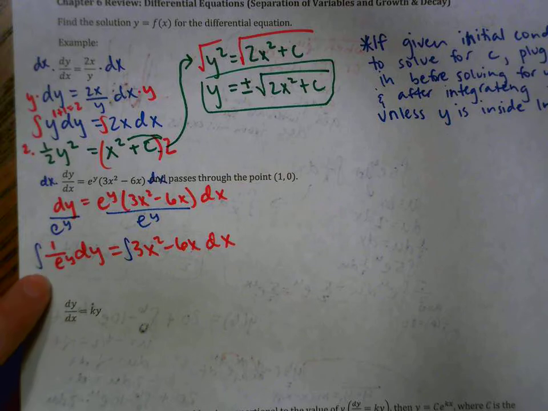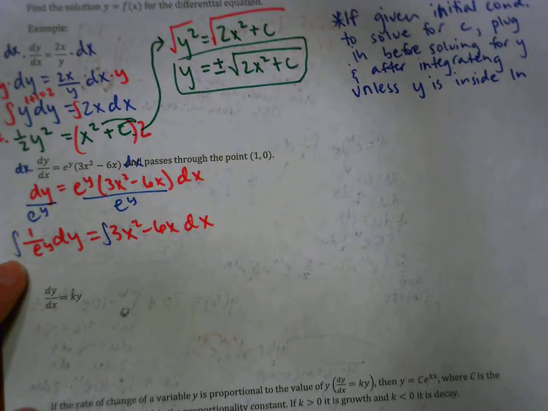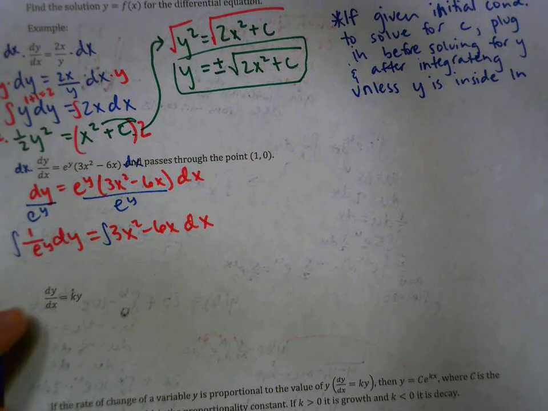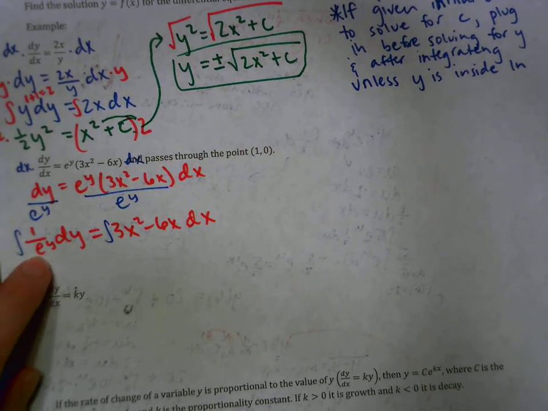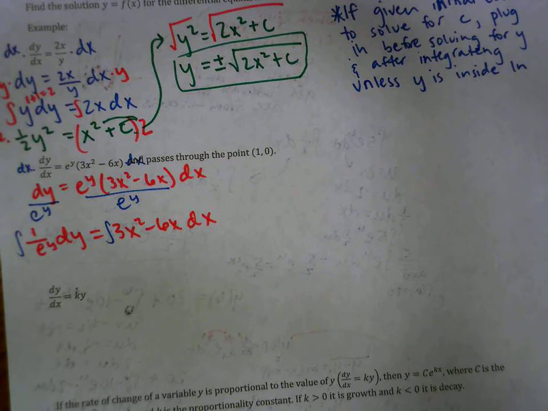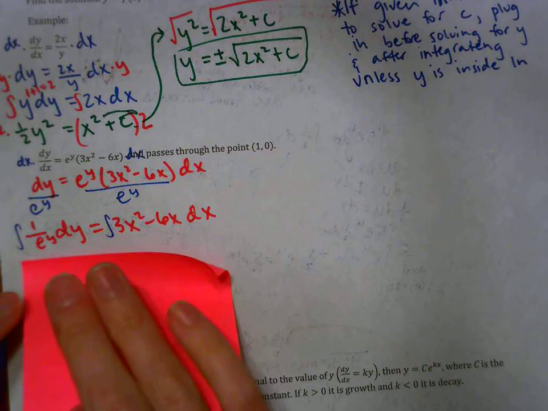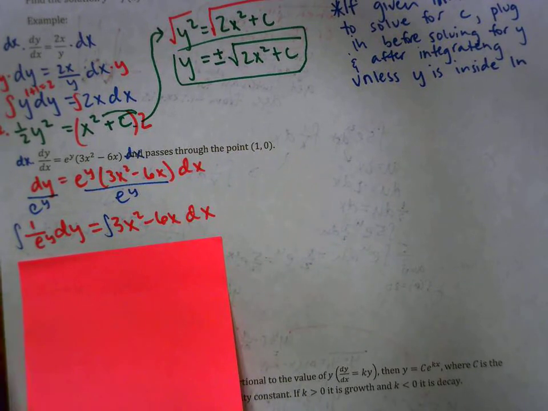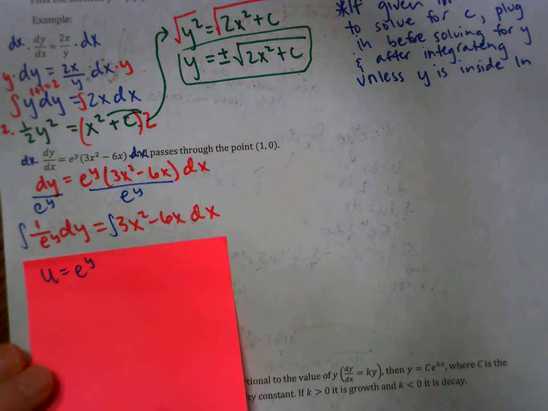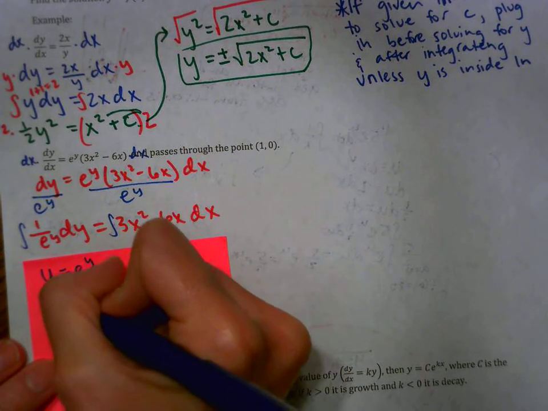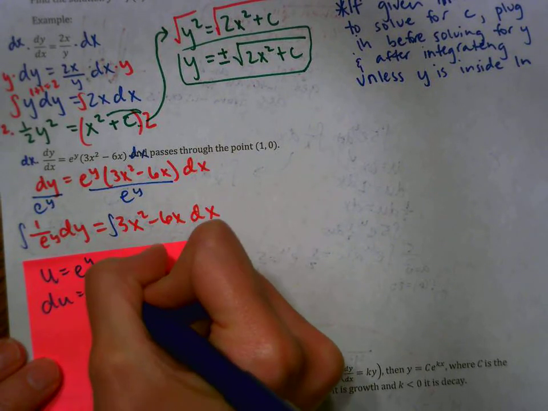So how do we integrate this side? So we look at that and we think, okay, do we need u substitution? So what could I do for u substitution? I could set the bottom equal to u, but I'm not going to put it on the actual thing because it's going to be wrong, but I just want to go with maybe different thought processes. So let's say you pick u to be e to the y because it's on the denominator, then du would still be e to the y.